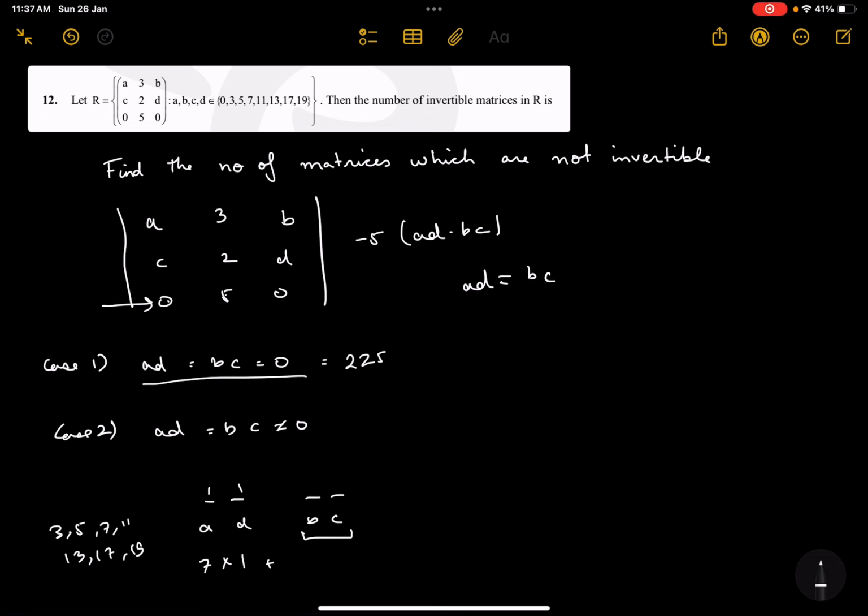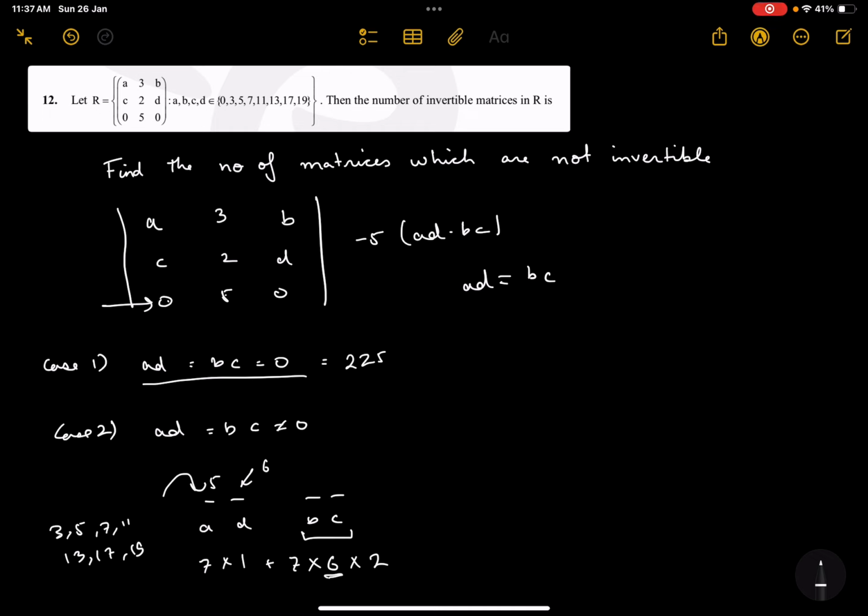If there are 2 different digits here in these 2 places and consequently in these 2 places, the number of ways would be 7 into 6, and for each of the pairs we keep here, there will be 2 arrangements for this. So what I counted as 7 is the total of these 7; I can keep any one digit here. 6, as I want to count the number of ways in which I put 2 distinct digits here, so if I keep 5 here, then I will be able to keep the remaining 6 digits here only.